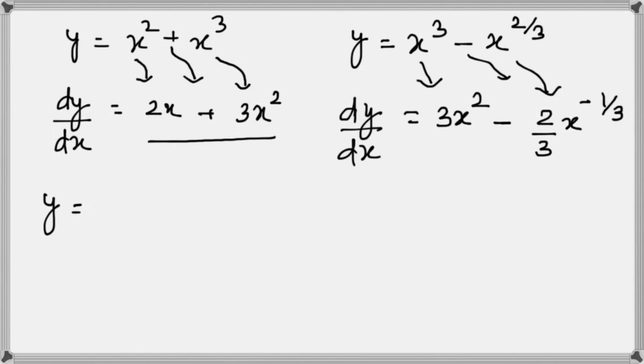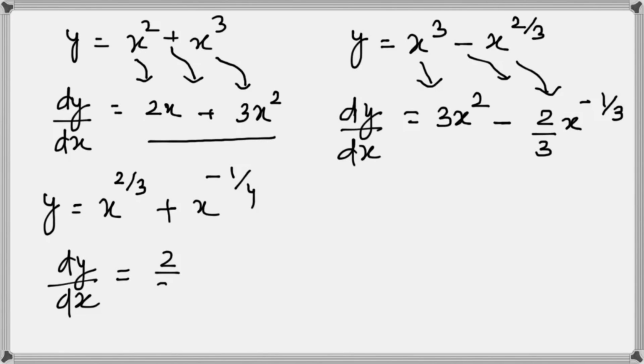One more example, y equal to x to the power 2 by 3 plus x to the power minus 1 by 4. Now dy by dx comes out to be 2 upon 3 into x to the power minus 1 upon 3, numerator minus denominator upon denominator.